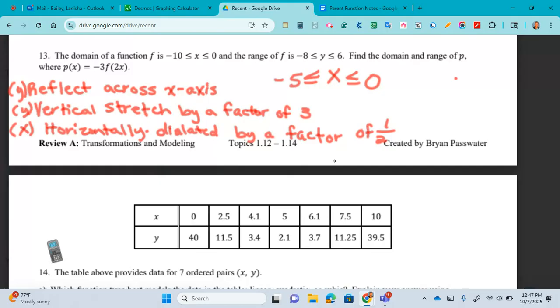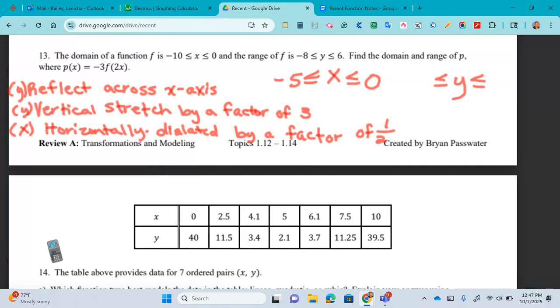Now my y, which is my range. Do we flip first or stretch first? Really it doesn't matter because it's just going to turn to the opposite.